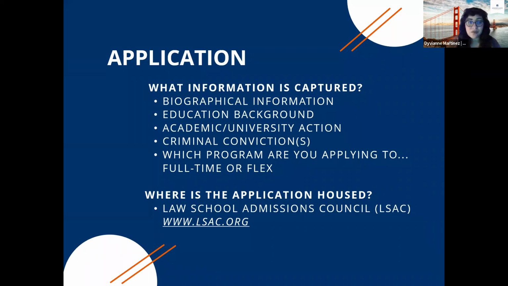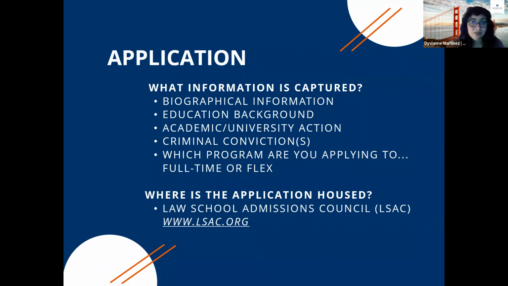I will be going over the application and what the application entails. It's really the basic information that you would submit to any type of application. So that would be your biographical information, so where you live, your birthday, all that. And then it goes into your educational background.